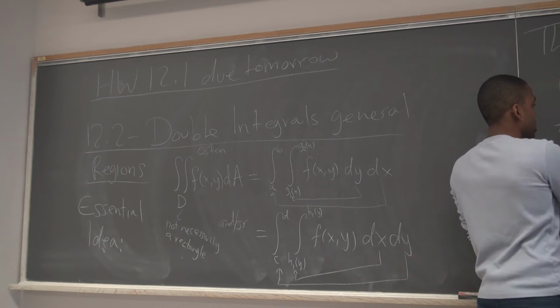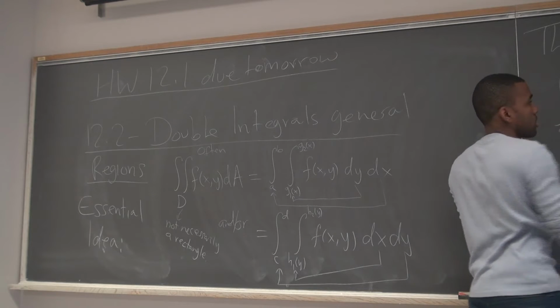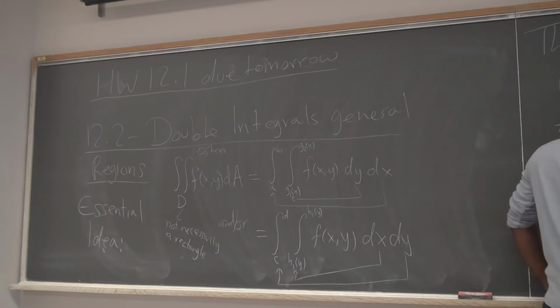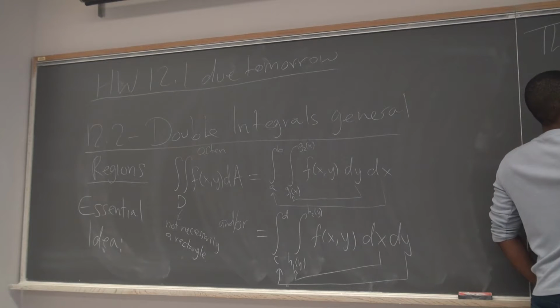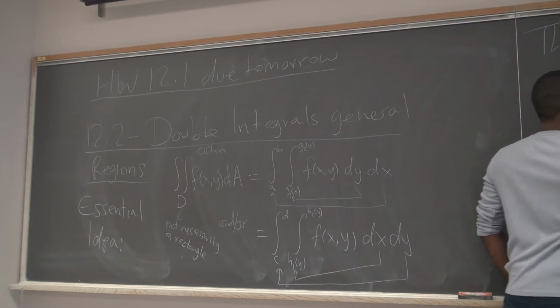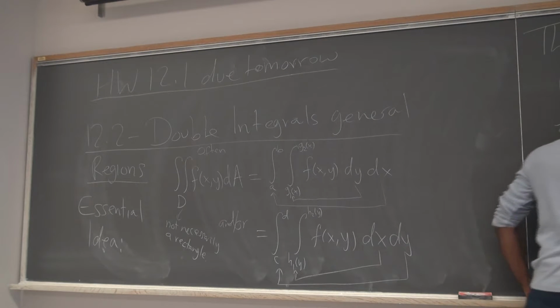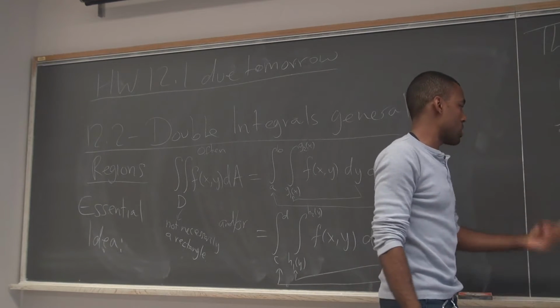And then here I would have, say, g1 of x, g2 of x, matching with the y, and then on the inside, I can have h1 of x y, h2 of x y, right? So z is a function of x and y, and y is a function of x, and I consider x to be a constant. It's very important that the order goes in this way. It always looks like this, right?